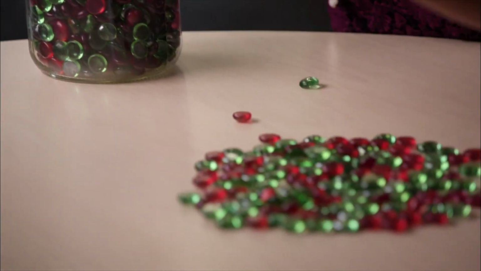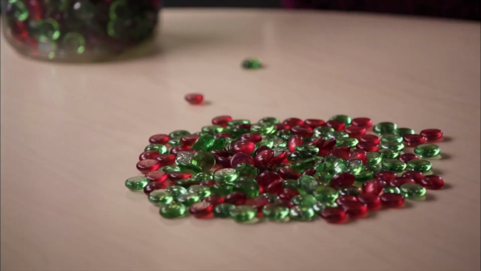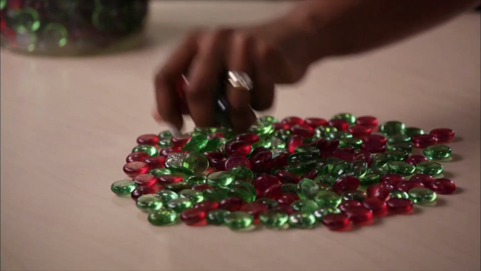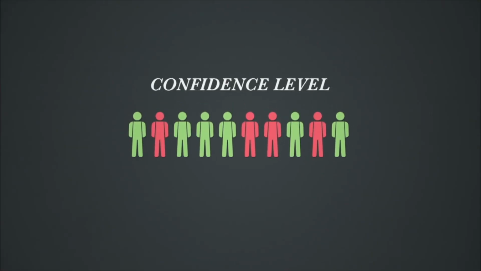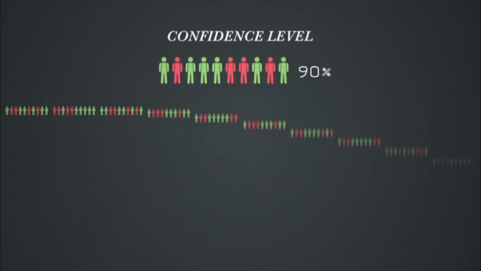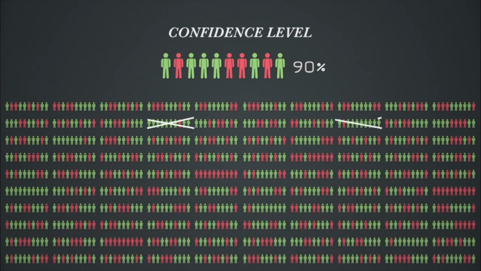But there's also confidence level. Inherently, there is uncertainty that any sample really represents a whole population. The confidence level tells you how sure you can be about your result. A 90% confidence level means, on average, if you ran your poll or sample 100 times, 90 of those times it would be accurate, within the margin of error.